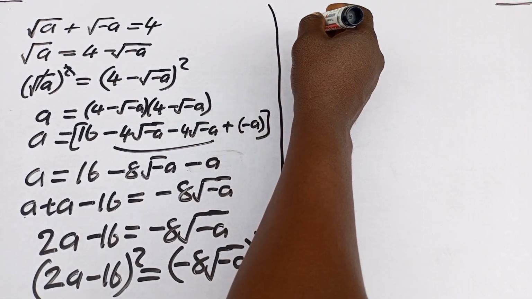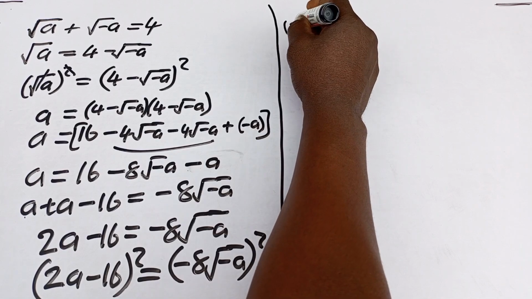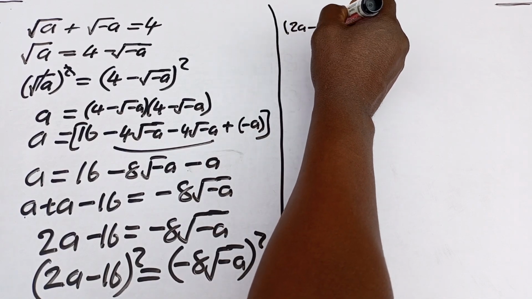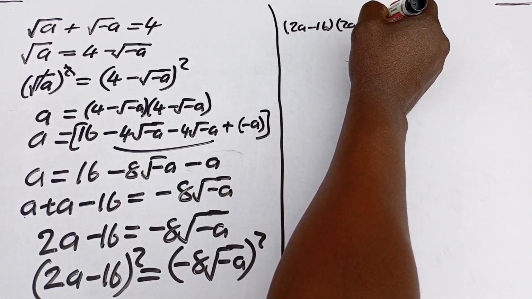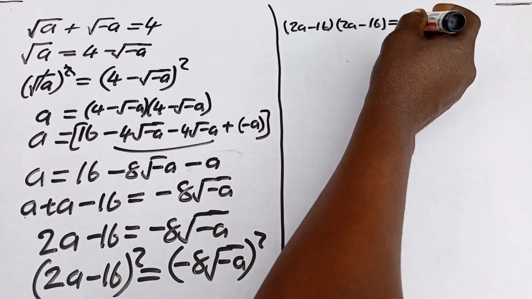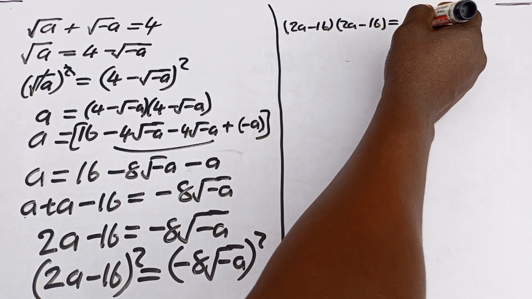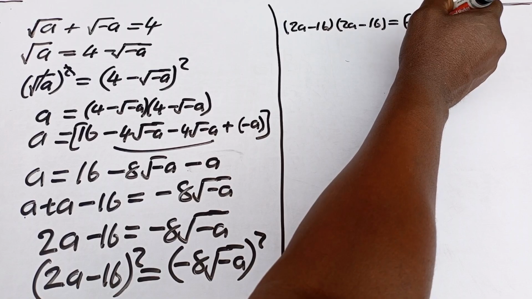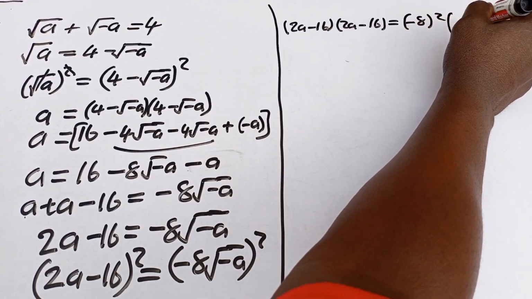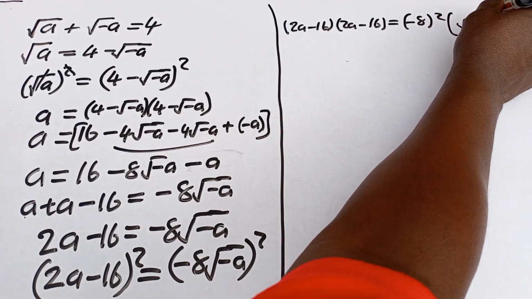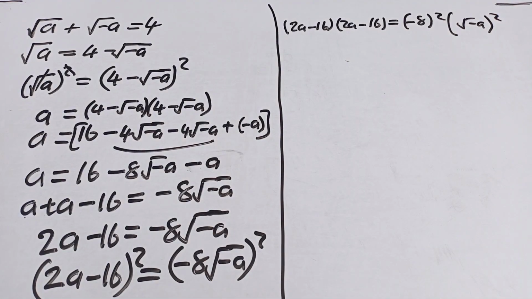This is 2a minus 16 into 2a minus 16 is equal to, this square will affect the negative 8 and will also affect the root of negative a. So negative 8 squared and root negative a squared. The square will have to affect both of them.